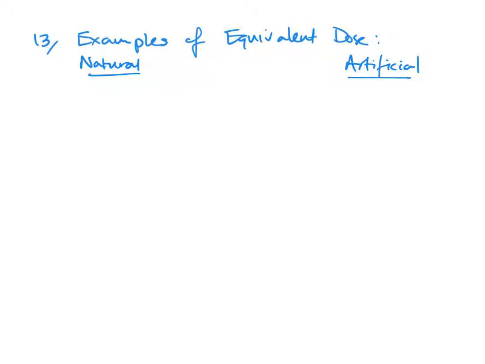Okay. So some examples of natural: 100 grams of Brazil nuts. Right, and that was 0.01 millisieverts.